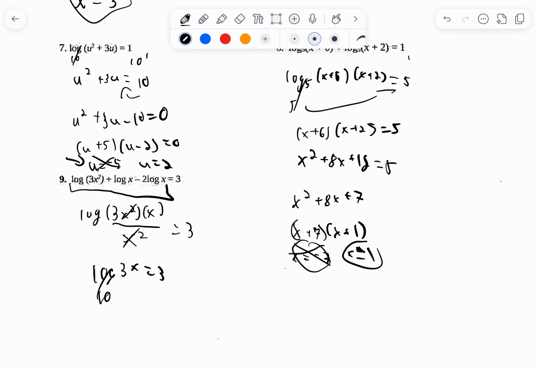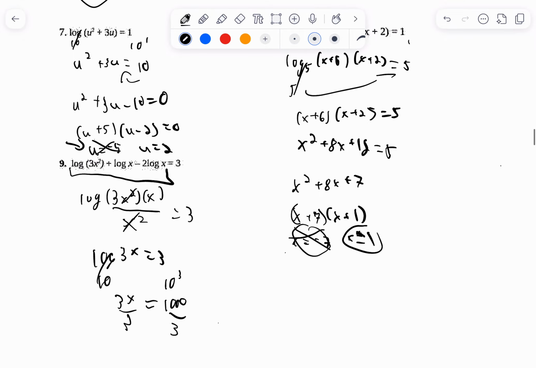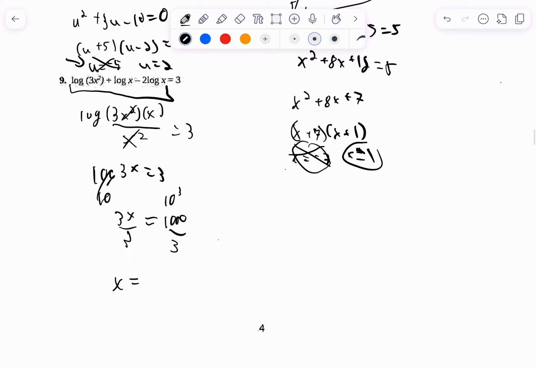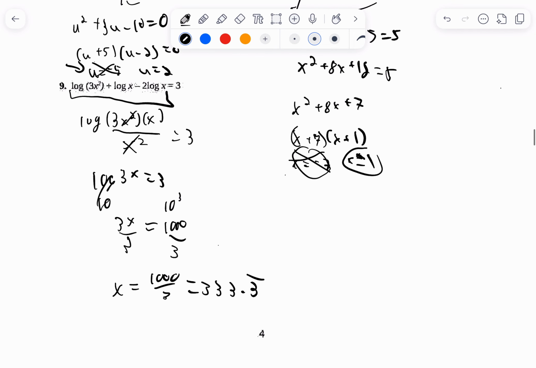Now we're going to put the 10 over here because log with no base is always log base 10. So we can just put 10 to the power of 3, which is 1000. So 3x, and then we want to get rid of that 3. So we're going to divide by 3, which is x equals 1000 divided by 3, which is equal to 333.333. And that's it. Awesome.